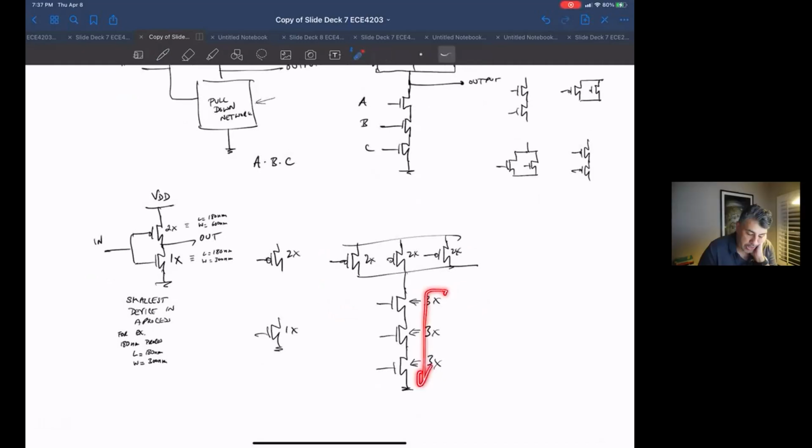In that case, they have to be 3x, 3x, 3x, so that when they're all on, this equivalent resistance is going to be... 1 over R equivalent is going to be... Am I doing this right?